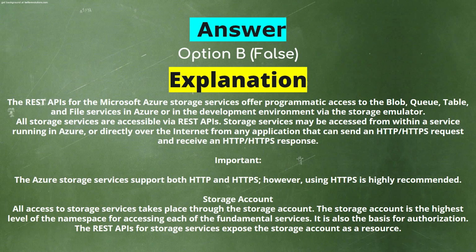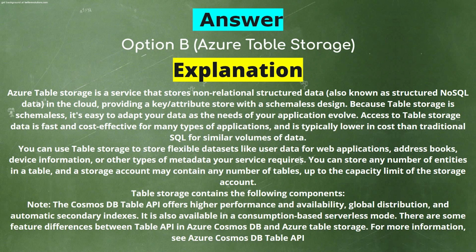You can use table storage to store flexible datasets like user data for web applications, address books, device information, or other types of metadata your service requires. You can store any number of entities in a table, and a storage account may contain any number of tables up to the capacity limit of the storage account. Table storage contains the following components.